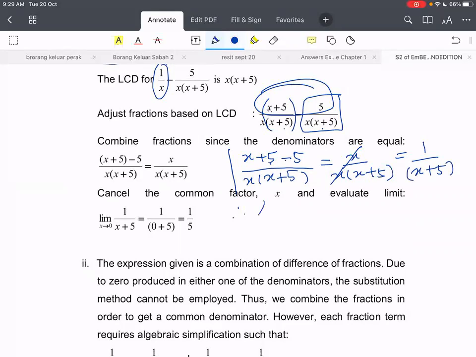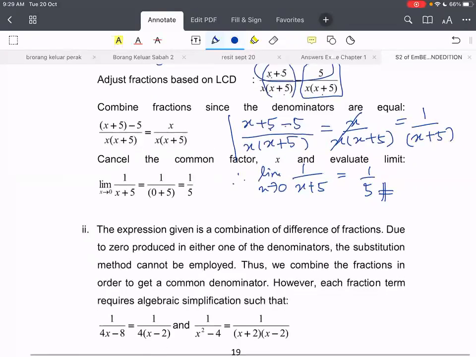Only then you can plug in your limit. So limit x approaches 0 for 1 over x plus 5. So your final answer will be 1 over 5. Is that clear? Yeah. It should be easy.